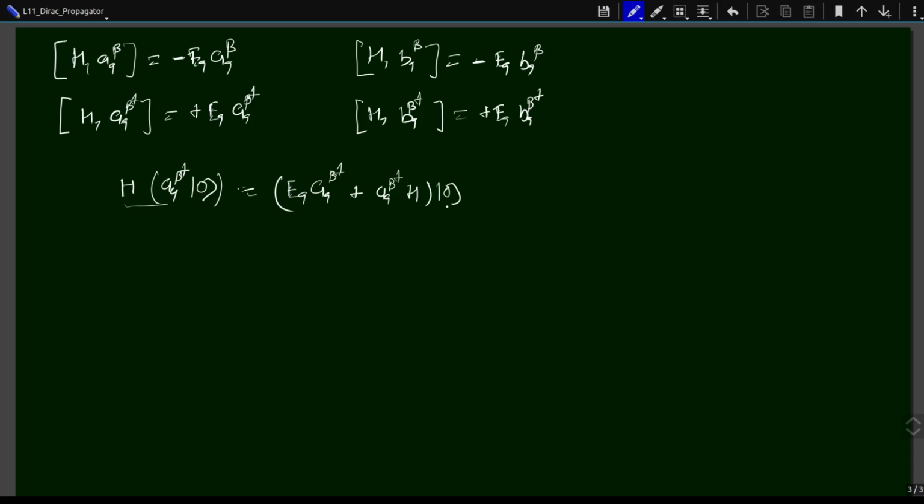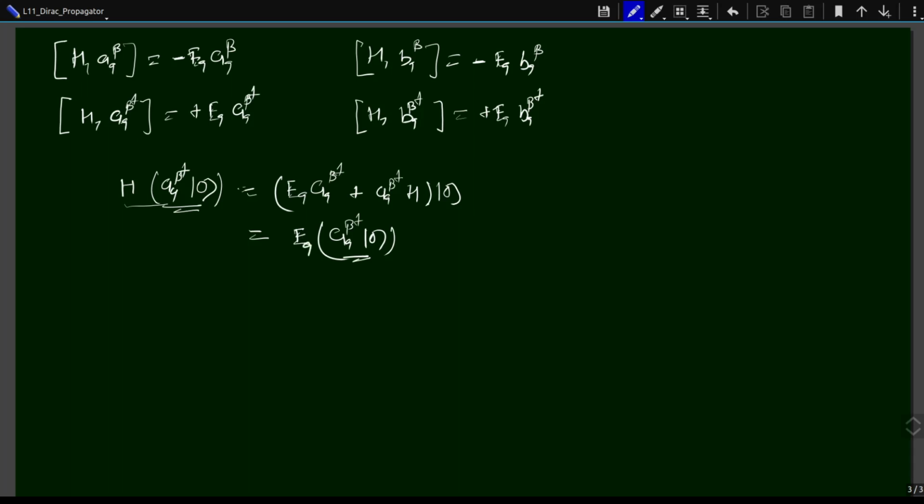Now H acting on the vacuum, we have set to be 0. So this just gives me E_q times a_q beta dagger |0>. So whatever this state is, its energy is E_q.